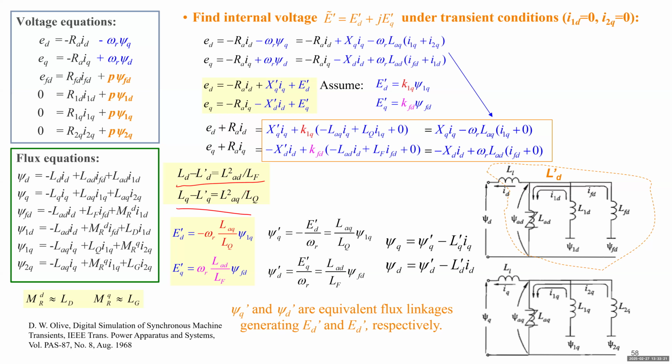Okay, any question here? Where is the psi D prime? I don't understand. Which prime? Psi D prime is the internal flux linkage that can induce the EQ single prime.